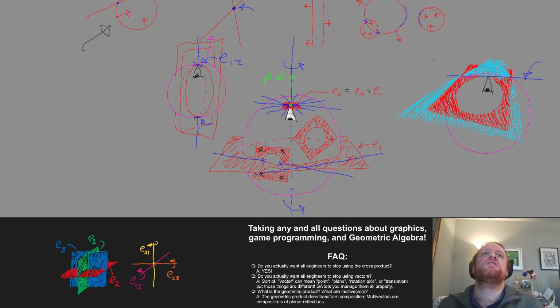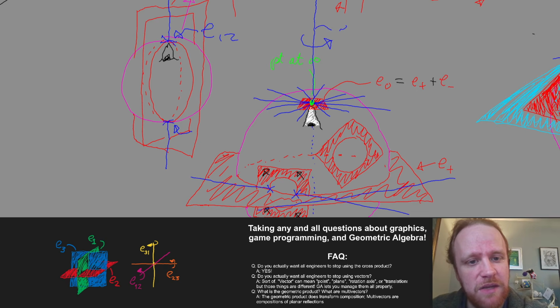The point at infinity in 2D conformal GA is a point in three-dimensional hyperbolic space. This guy is E12, and this guy is E0. This plane in here that's been a bit obscured is E0.